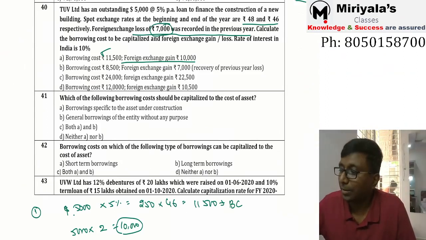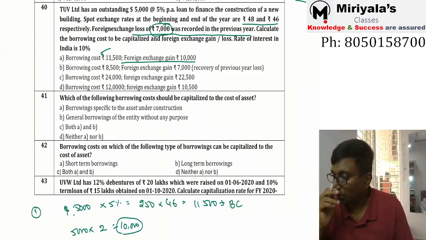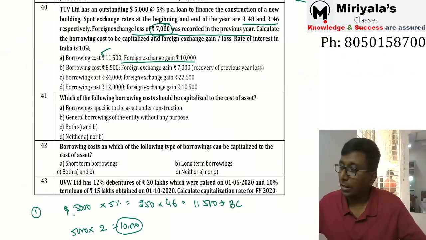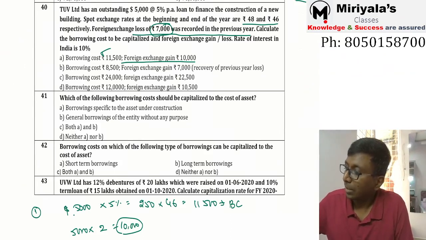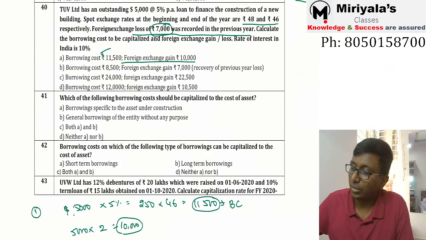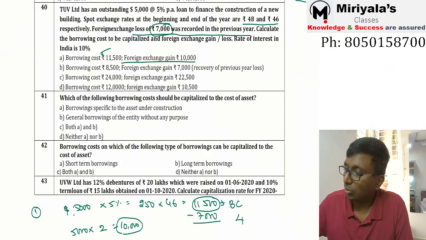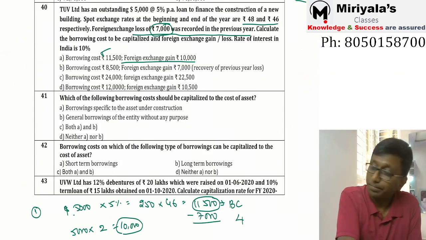If you had already capitalized, what are you supposed to do? You are supposed to reverse the same. So foreign exchange gain, correct na? Right. Out of 11,500 borrowing cost, 7,000 rupees you are supposed to cut. If you cut 7,000, that comes to 4,000. How much?